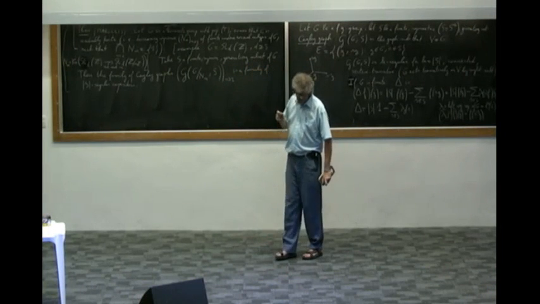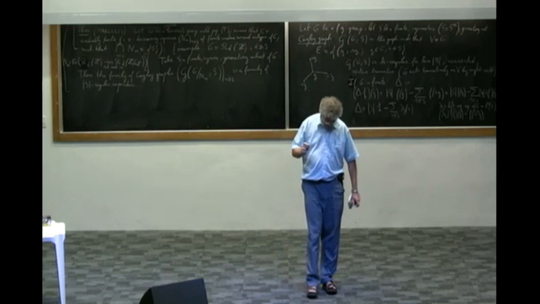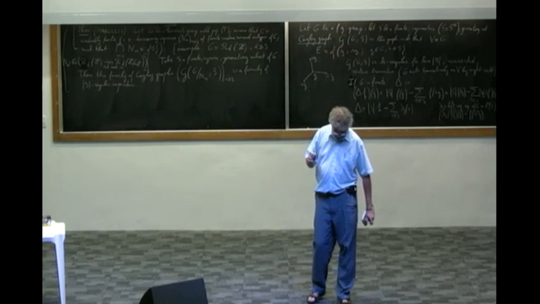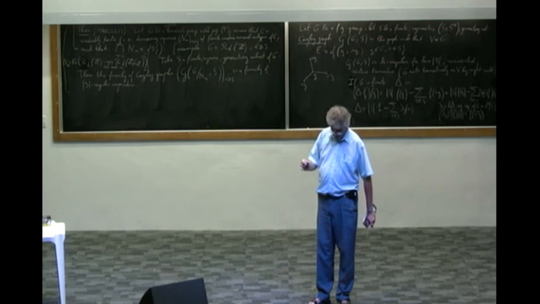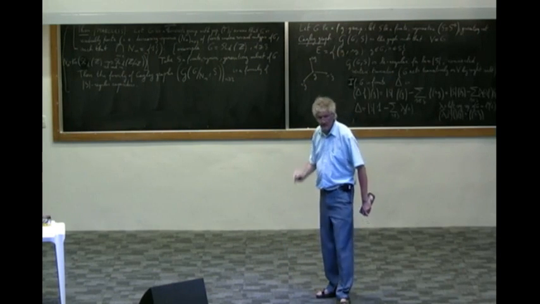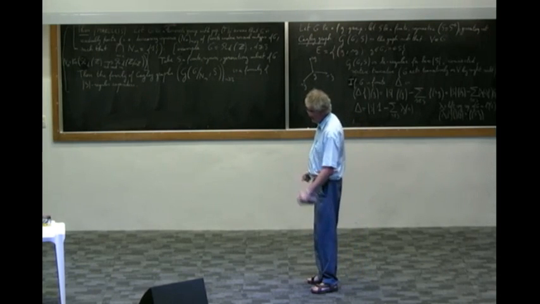This question is extremely difficult, but at the same time there has been amazing recent progress due to people around Jean Bourgain in Princeton. So there's the so-called sum-product phenomenon.